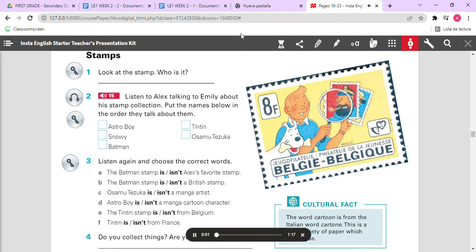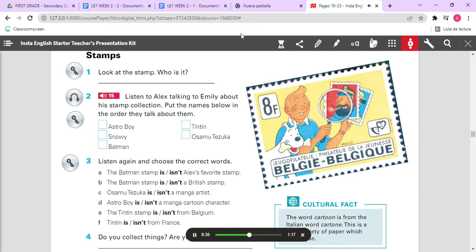Unit 1, Track 15, Activity 2. Look at this, Emily. Ooh, is this Batman on this stamp? Yes, it is. And it's my favorite stamp. It's an American stamp. What about this one? Who is that man? Is he Japanese? Yes, he is. It's a Japanese stamp, and the man's name's Osamu Tezuka. He's a famous manga artist. And who's the cartoon character with him?